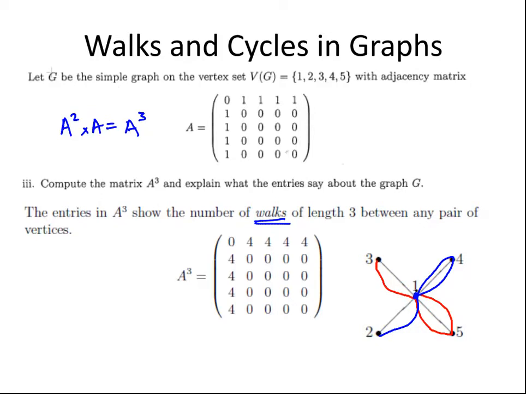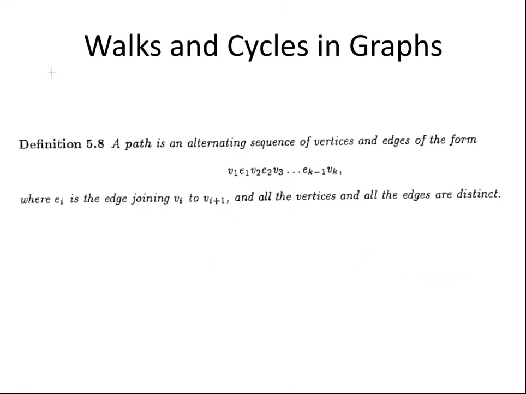If it starts at any of the other vertices, it will end up at 1. But if it starts at 1, it can end up at any of the other 4 vertices.